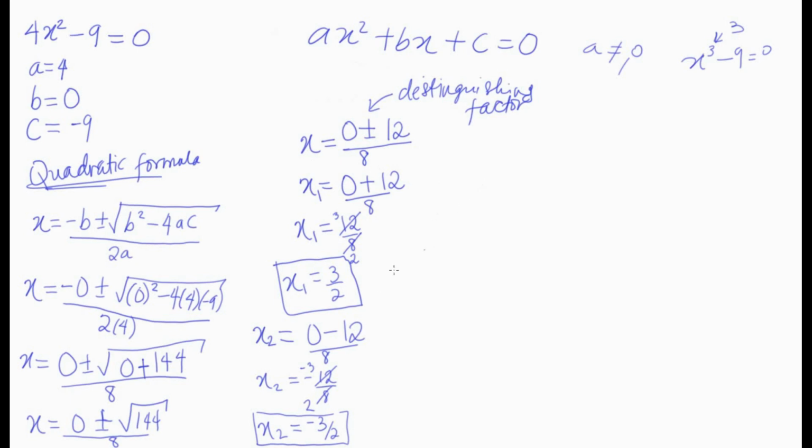So now that we've solved for it, we have the values: x sub 1 equals positive 3 over 2, and x sub 2 equals negative 3 over 2.